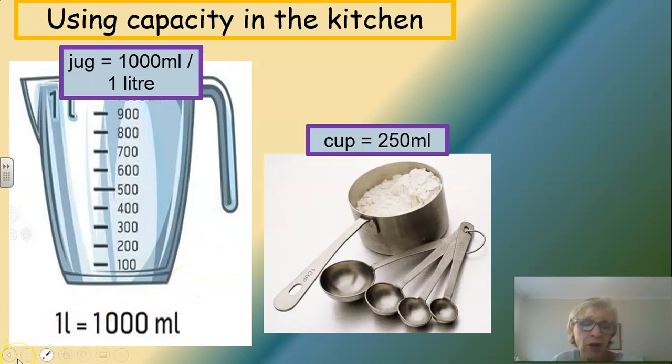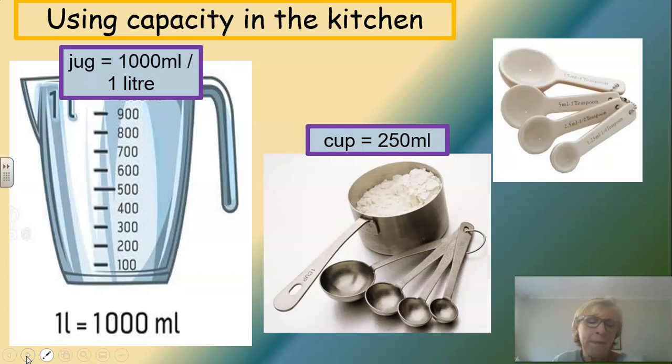So if you are asked in a recipe to put a cup of flour into your bowl, you would put 250 milliliters in, and you'd use your 250 milliliter cup. 1 cup is always, in standard measurement, 250 milliliters.